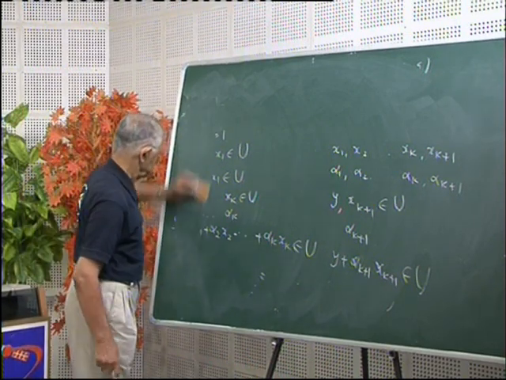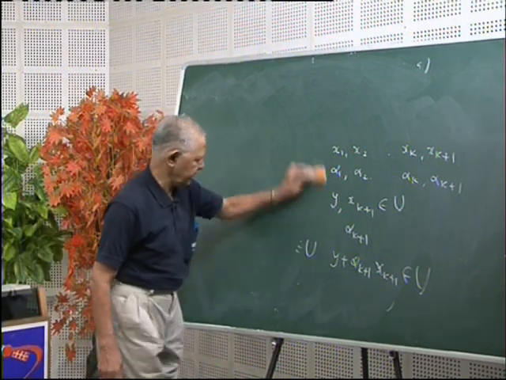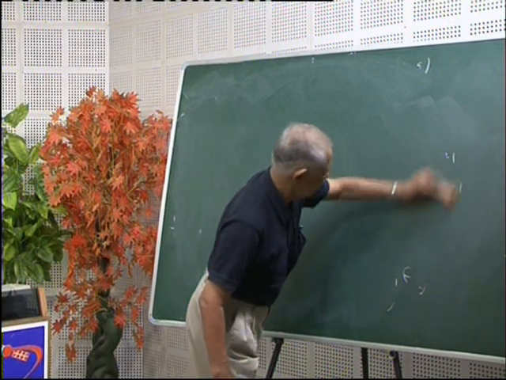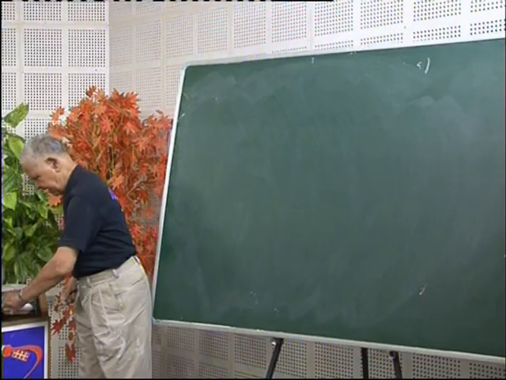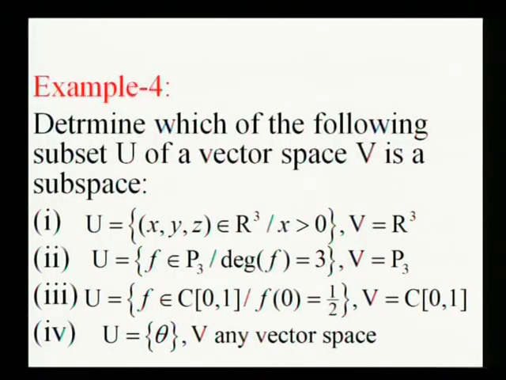Now, we complete our lecture today with the following example for students. Determine which of the following subsets U of a vector space V is a subspace. First, U is a subset of R3 containing all triples x, y, z for which x is greater than 0.